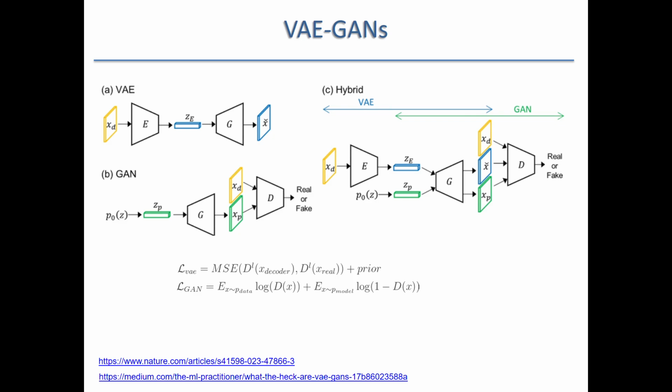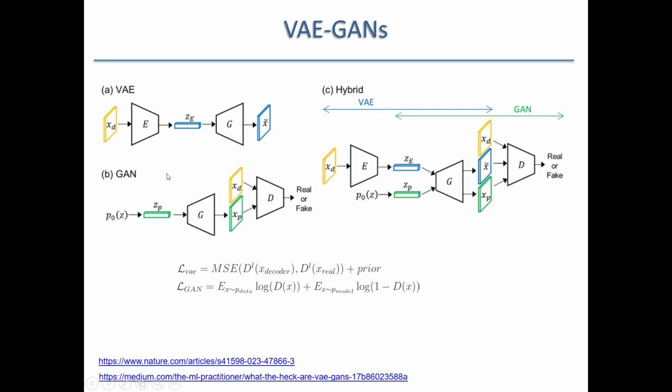We have seen already variational autoencoders. So the variational autoencoder, you start with an image, and then you embed it into some latent space, and this latent space representation is used to recover something that looks like the original one, and there is some randomness here.